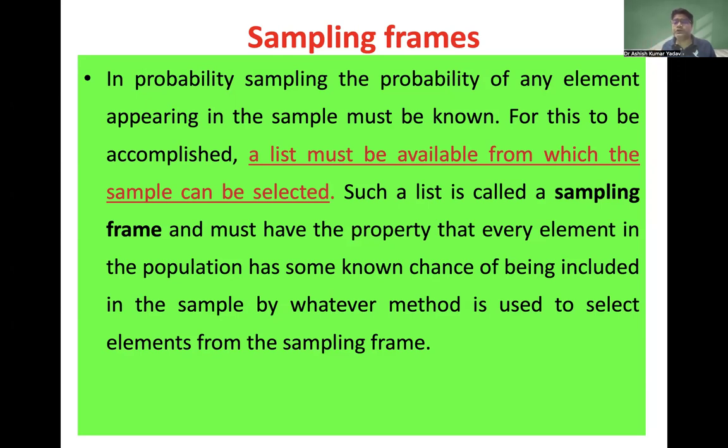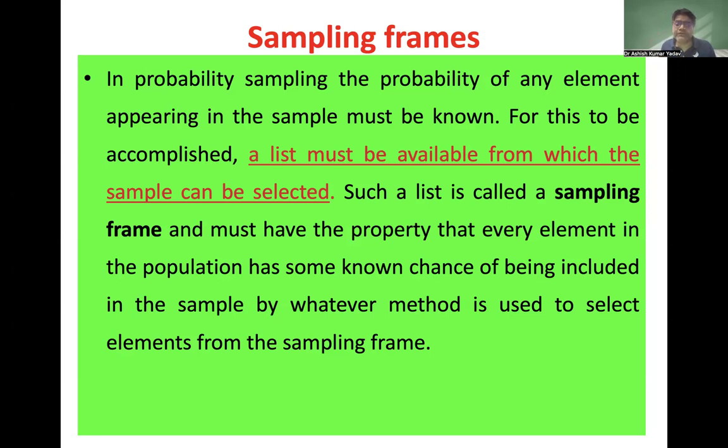For example, in tossing a coin, the probability of getting heads: in a single toss, head can occur only one time, and the total possible outcomes are head or tail. So it is 1/2. We know the total possible outcomes. So what is a sampling frame? A sampling frame is the list of total possible outcomes.